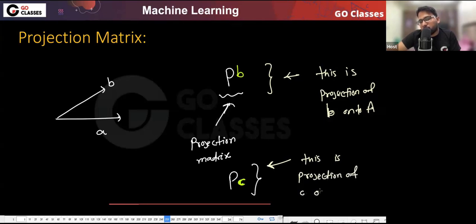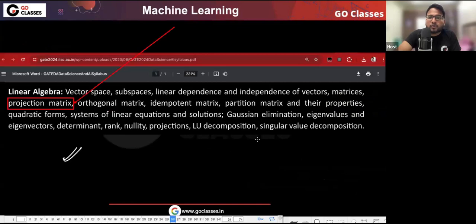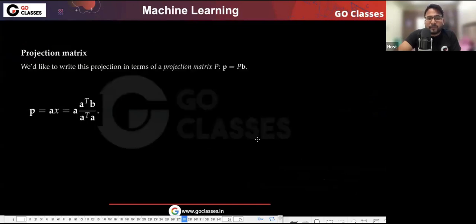So basically, I want a matrix such that if I multiply it with the vector, I get the projection. That's called the projection matrix. Yes, P is the same. P corresponds to small a, or the given vector space, and it is the same for b and c. This projection matrix is a part of the official syllabus of GATE DA, by the way.